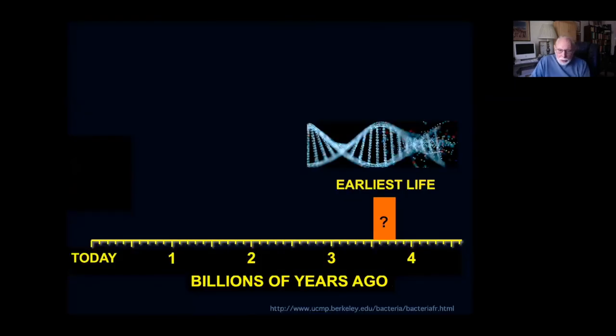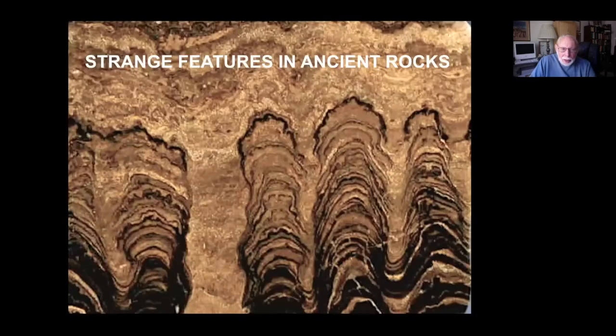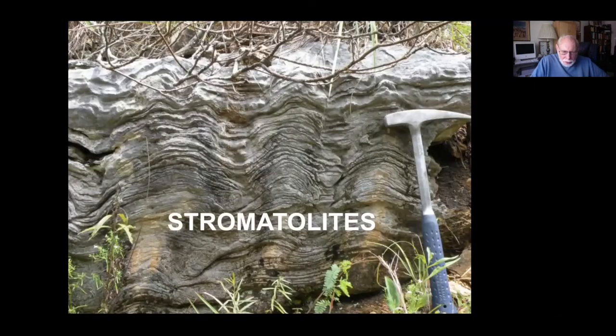And so when was the earliest life? Well, it's hard to tell for sure, but probably it existed before 3.5 billion years. And the reason I say that is that the early rocks have some very strange features in them. These features are called stromatolites.